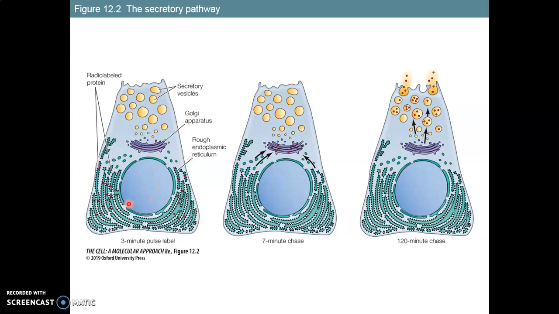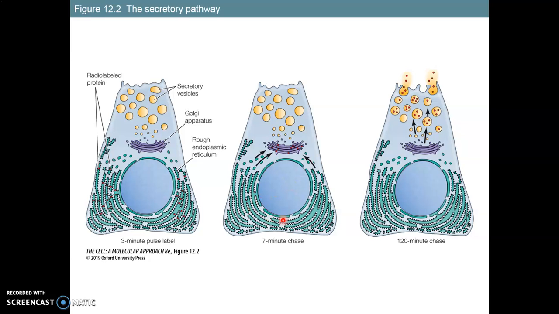So there was an experiment that was done where we radio-labeled proteins that were being produced, and then we took samples at different time courses, separated out some of these components to try and figure out where the newly produced proteins were. And what we found is that very early on, all of those radio-labeled proteins are appearing in the rough ER.